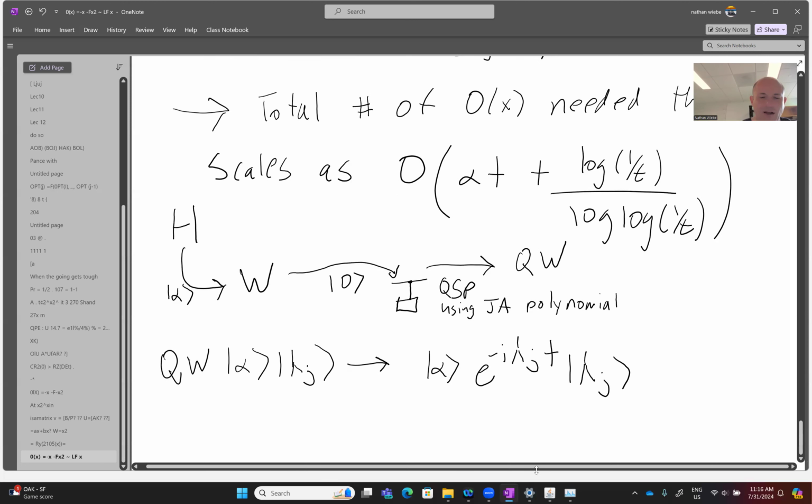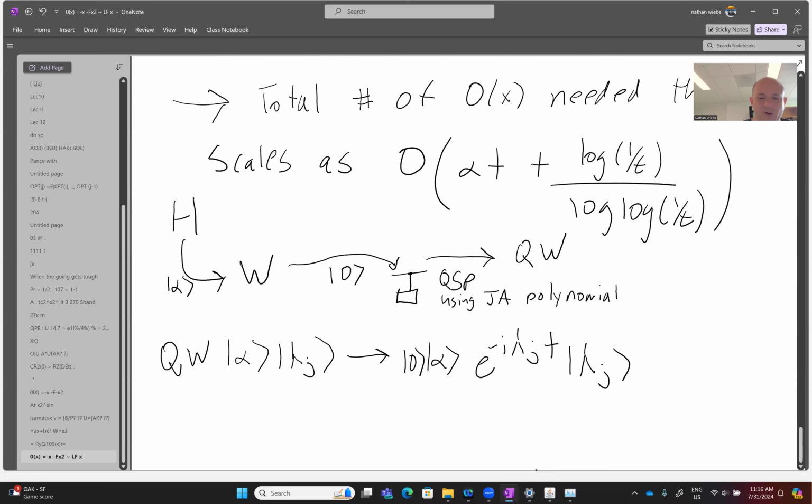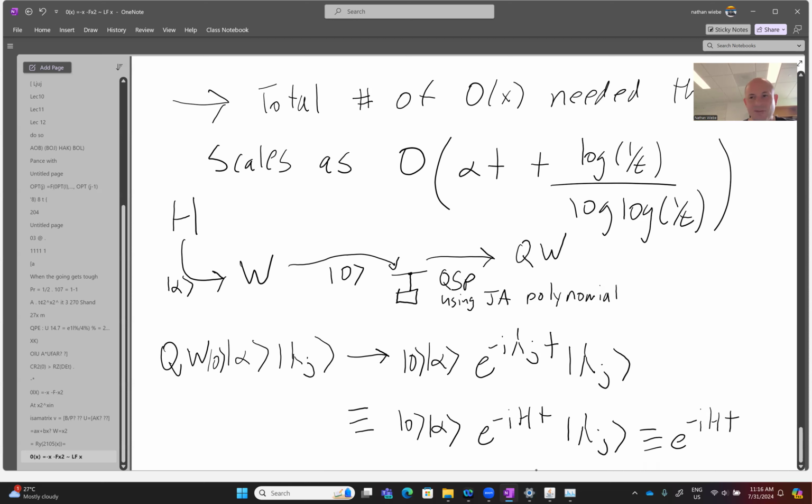And I'll put also this extra qubit that's used for qubitization off in front. And so what this ends up meaning is this is equivalent to bilinearity, because it will do exactly the same thing to every possible input eigenstate that we put in. This is just exactly the same thing as e to the minus iHt acting on lambda j. So this is equivalent to e to the minus iHt. Okay, wonderful. And that's it.